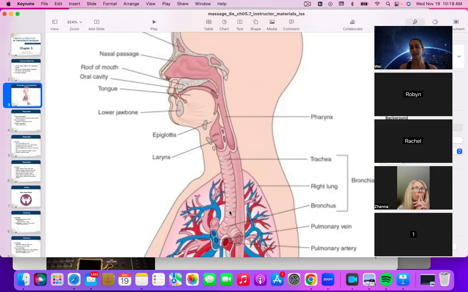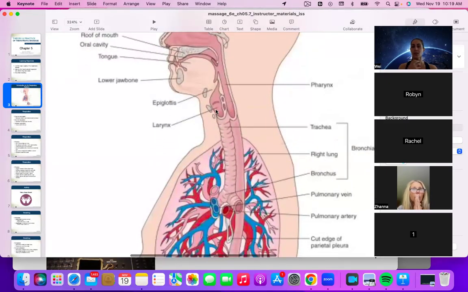So the trachea is only for air, while the pharynx, where it goes down to the esophagus later, is where the food goes through. So we have this epiglottis mechanism that closes when we eat, and when we breathe, it opens.